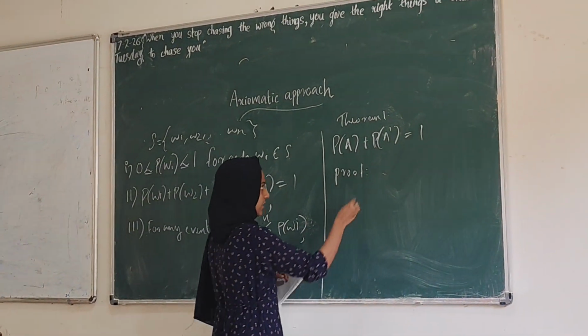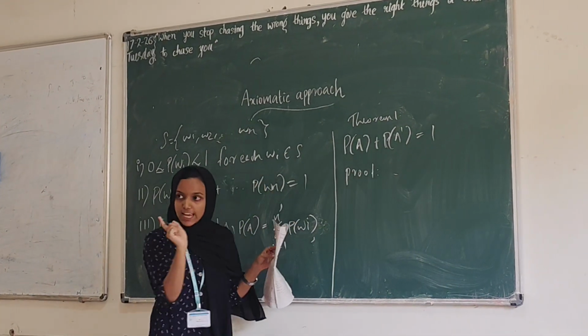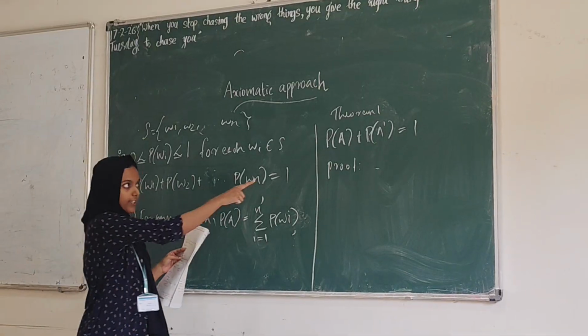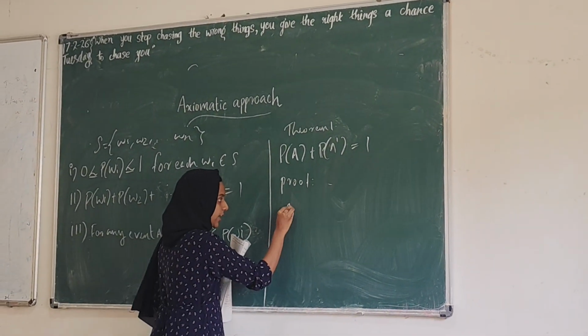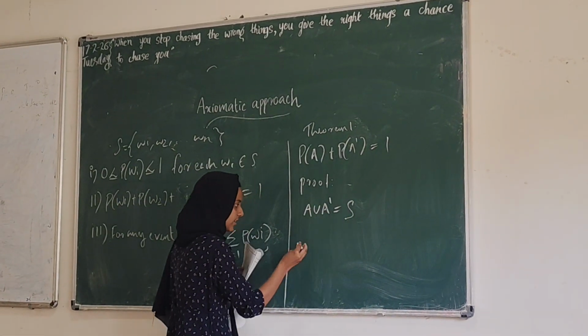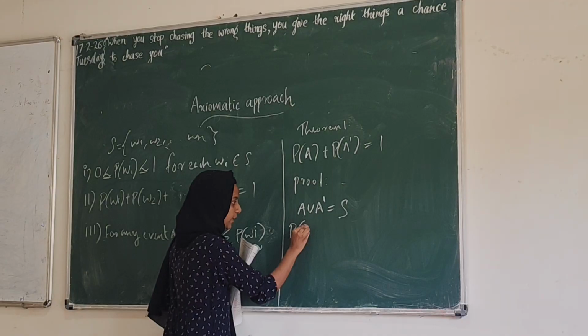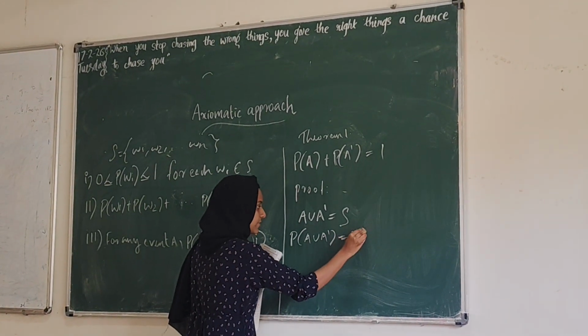We know that A complement means all outcomes in the sample space that are not present in A. So we know that A union A complement is equal to the sample space.